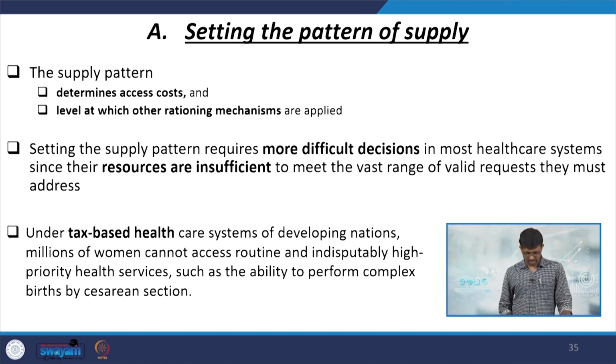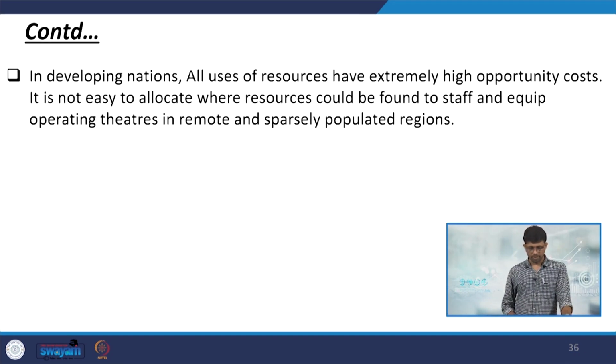Under the tax-based healthcare system, especially in developing nations, millions of women cannot access routine and indisputably high priority health services, such as the ability to perform a complex birth by cesarean section. In developing nations, all users of resources have extremely high opportunity cost.